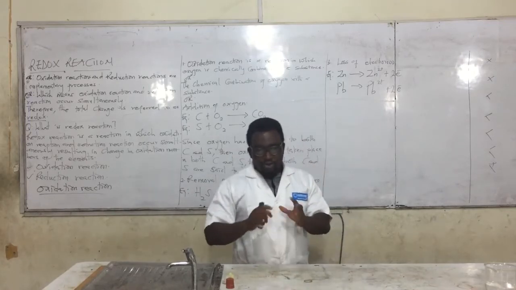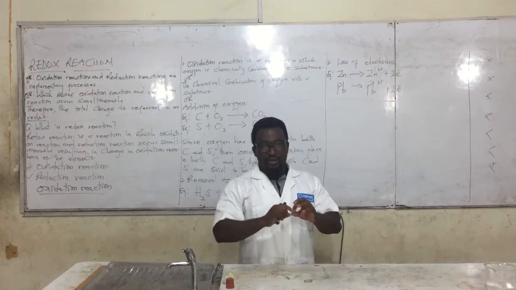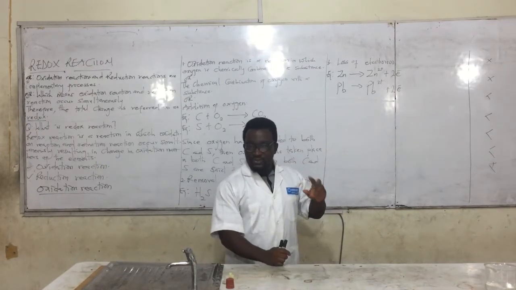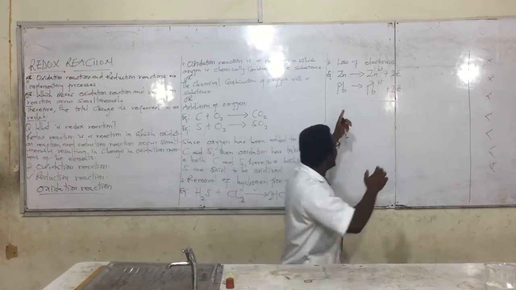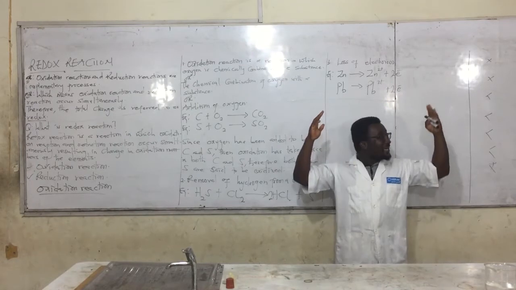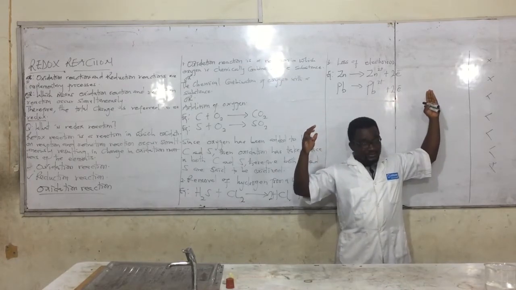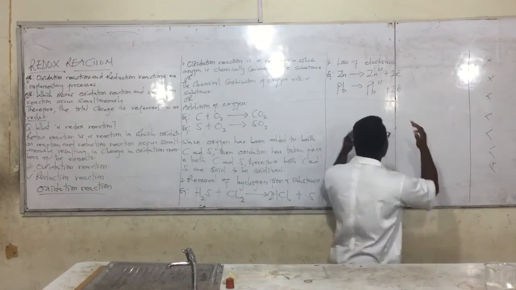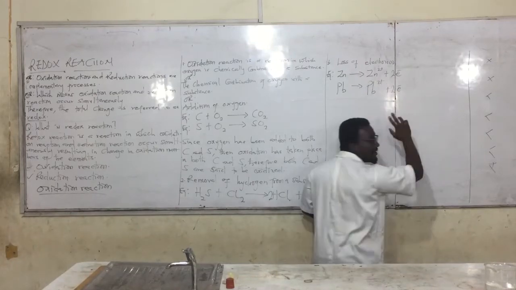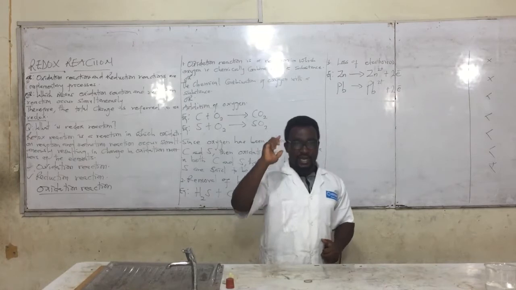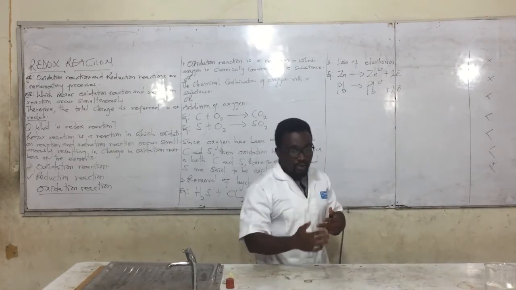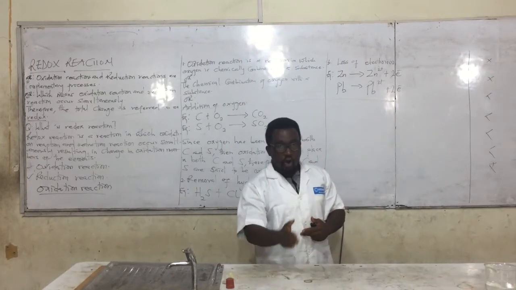When we talk about loss of electrons, which is an oxidation process, we always add electrons to the right hand side if you are facing your book, to the right hand side of your book or any paper.